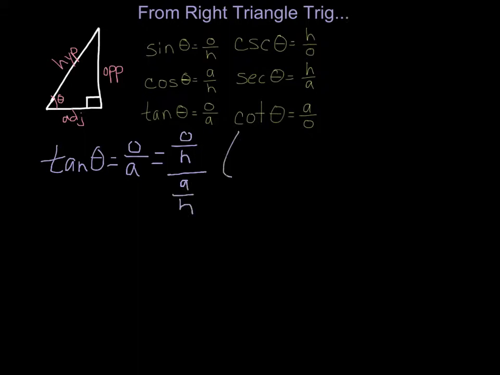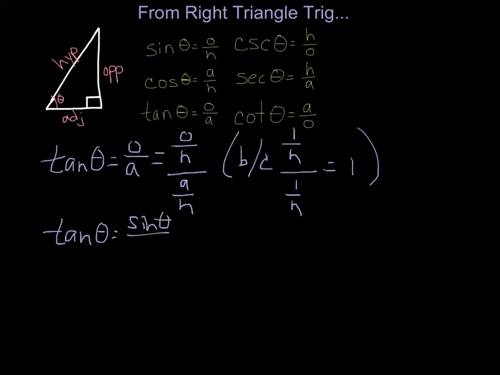The reason I can do that is because 1 over h over 1 over h equals 1, so I technically just multiplied by 1. What that equals, if you didn't catch it already, is sine theta over cosine theta. And that's our first trig identity: tangent theta equals sine theta over cosine theta.